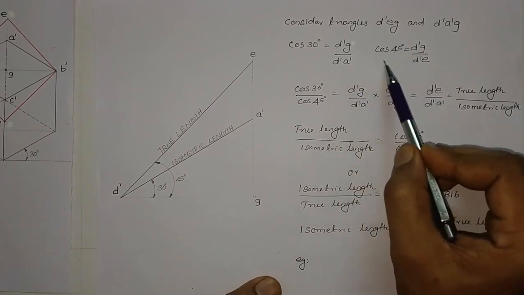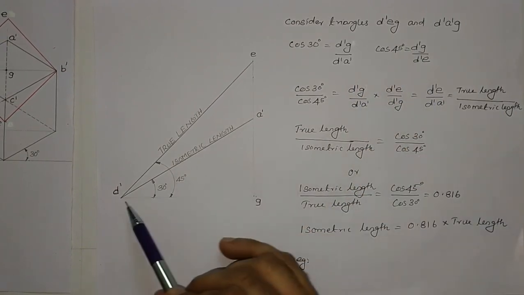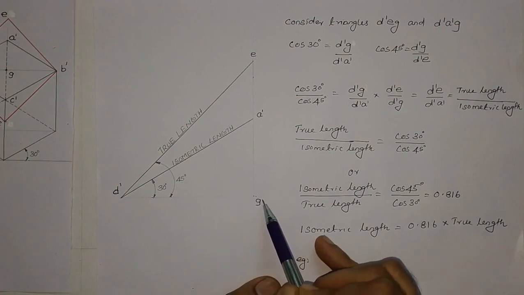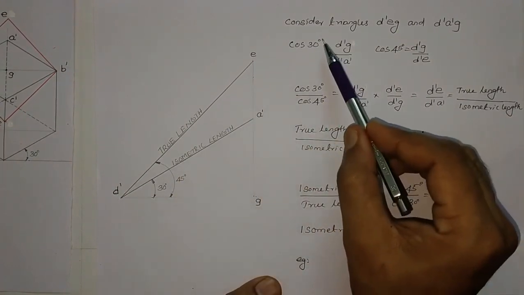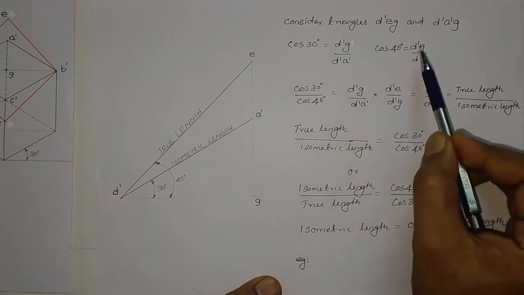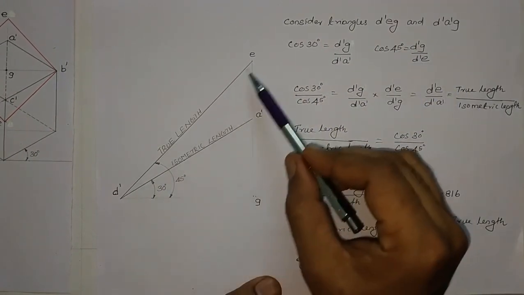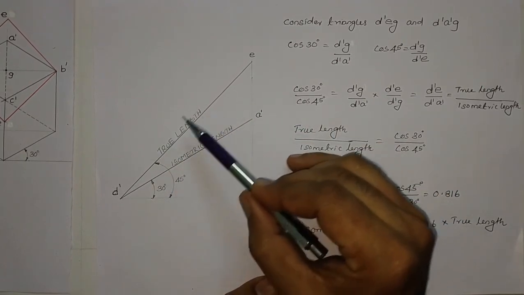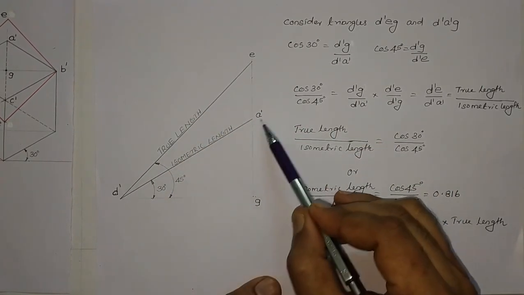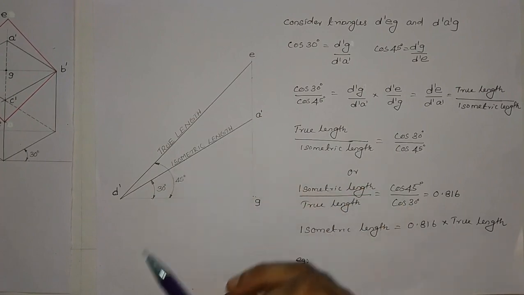And cos 45 is equal to d dash g divided by d dash e. So this is cos 30 and this is cos 45. Along these triangles, d dash e is representing the true length and d dash a dash is representing the isometric length. Our aim is to calculate the isometric length trigonometrically.